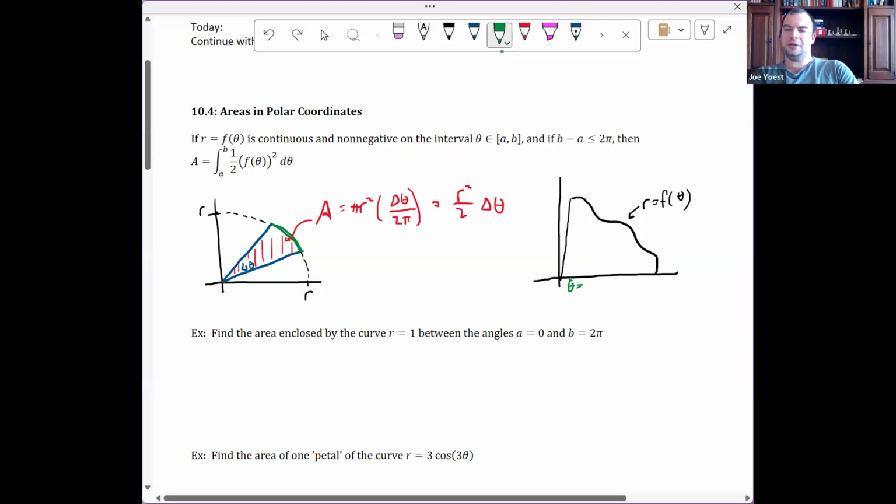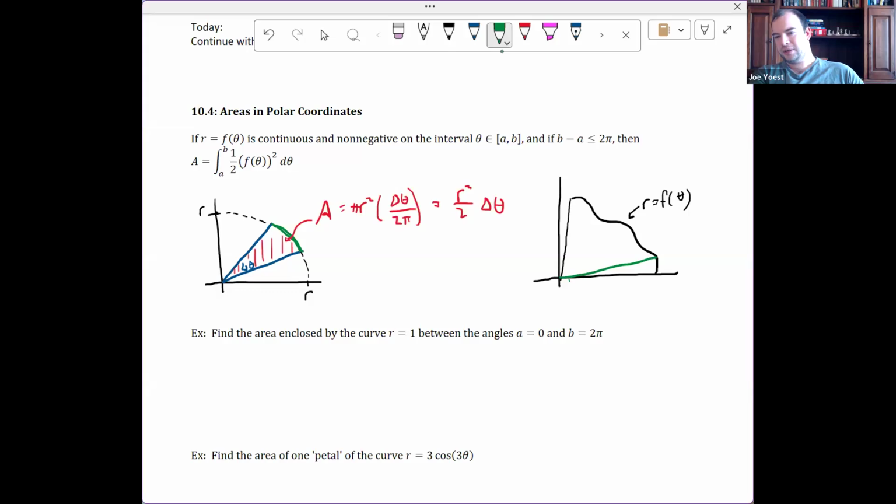I'm splitting this theta sweep into a bunch of really small theta subintervals, the same way that we might split an interval a to b on the x-axis into subintervals to make Riemann boxes.